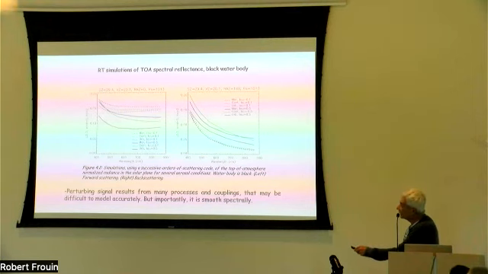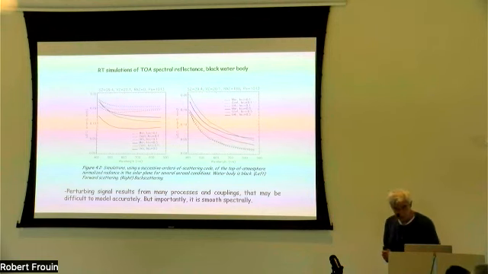As we've seen before, as Jeremy has pointed out, the perturbing signal results from many processes and couplings, and it's difficult to model accurately. But as I said before regarding POLYMER, what you can see is that the signal is smooth spectrally. So this is very important.